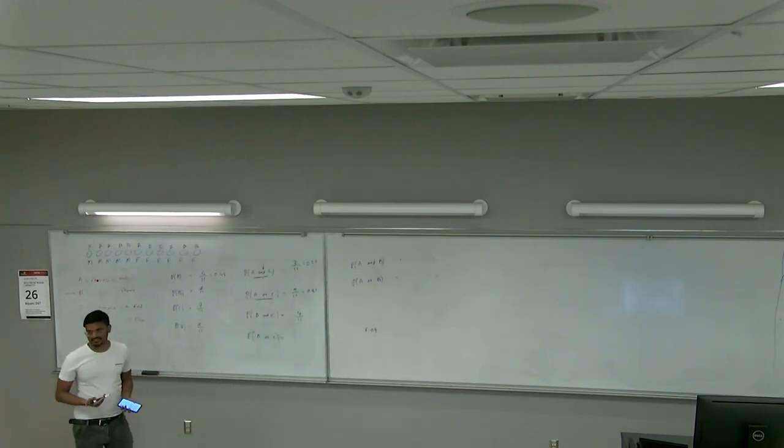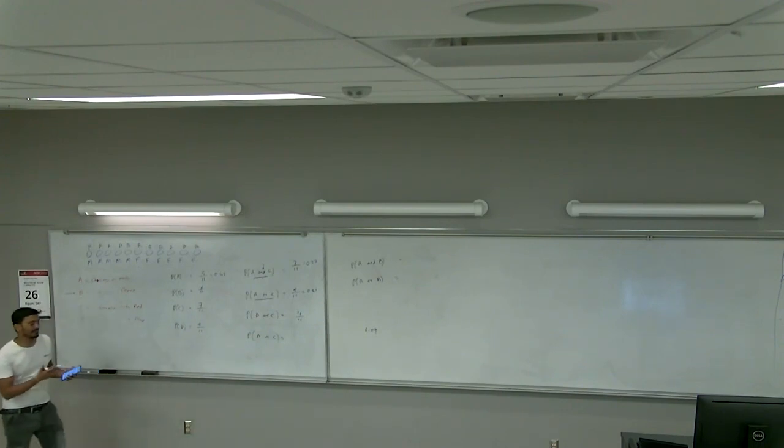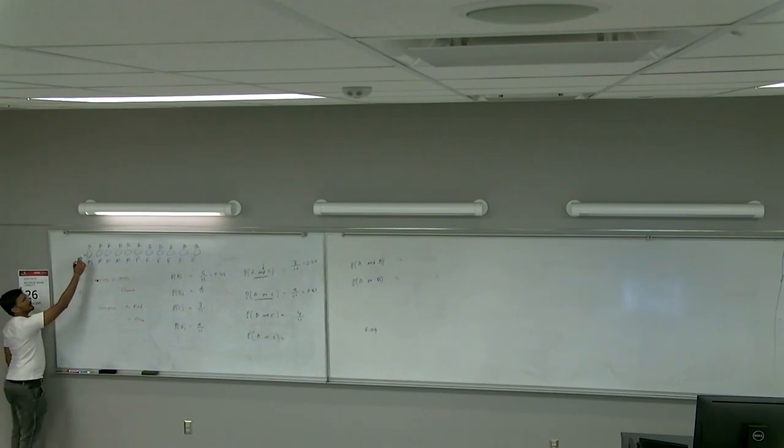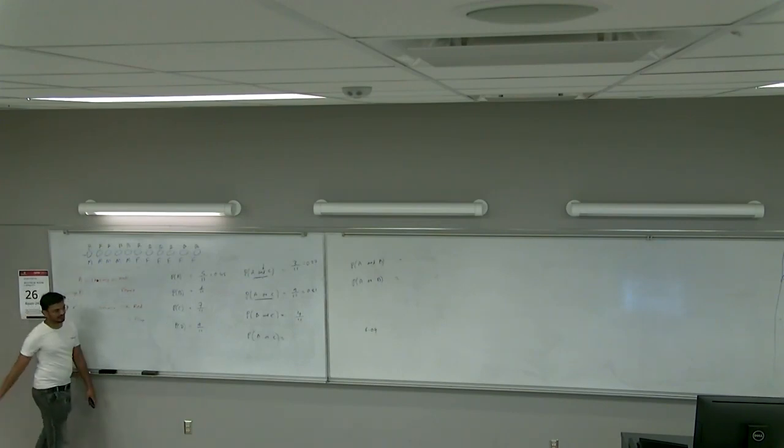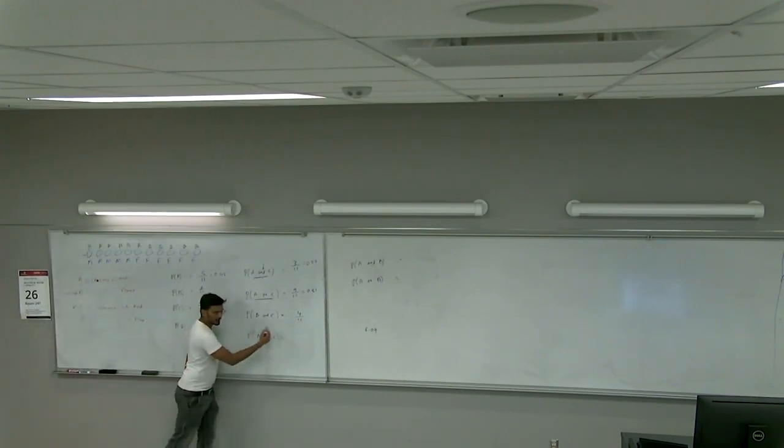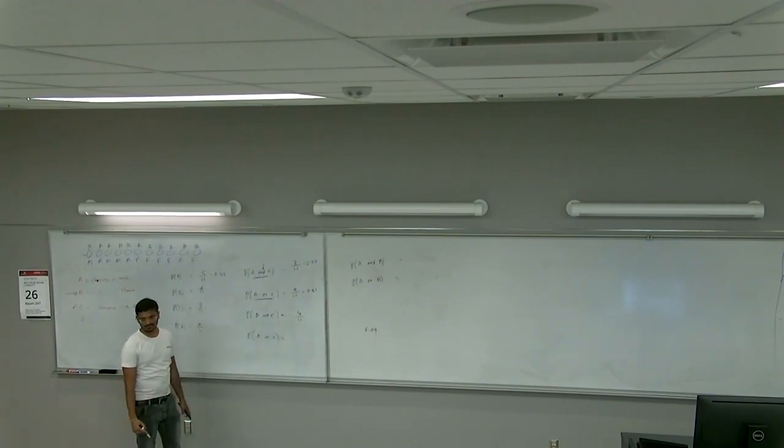B or C, either a female or wearing a red shirt. So this one, although this one does not belong to this set, he belongs to this set, right? So that person must be included in the B or C category, right?